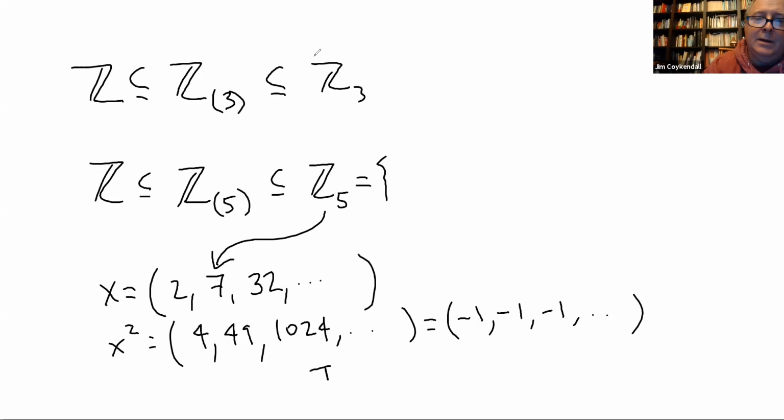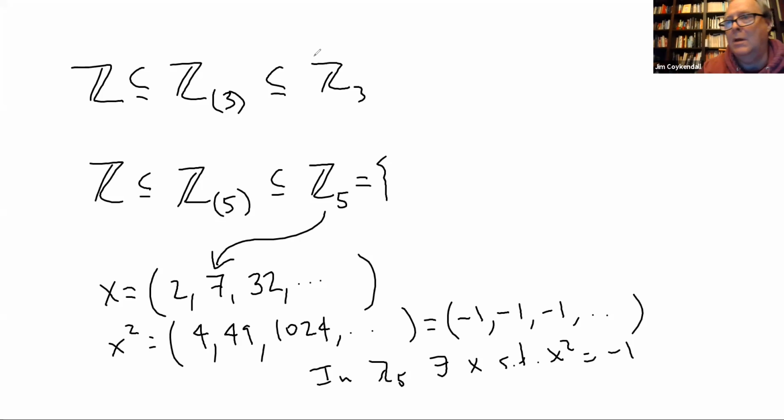So in Z5, there exists x such that x squared equals -1. So from one point of view, you can consider Z5 to contain an isomorphic copy of the Gaussian integers.